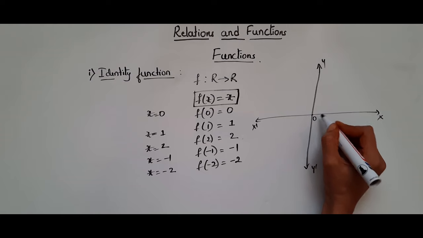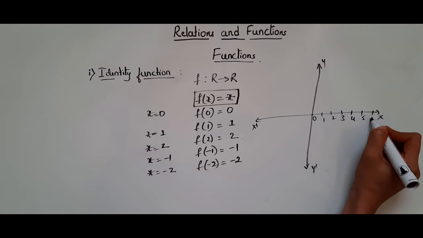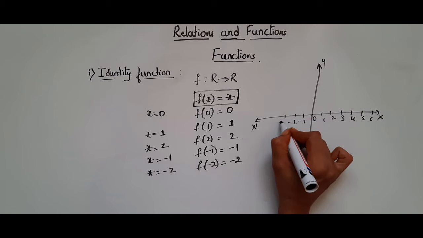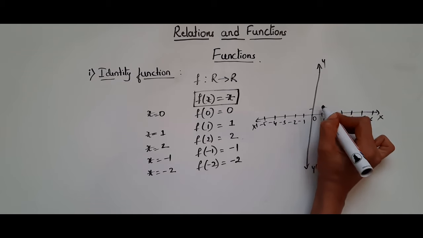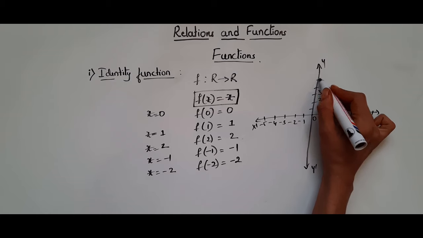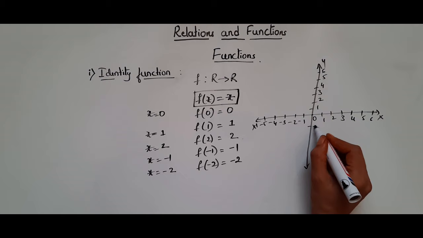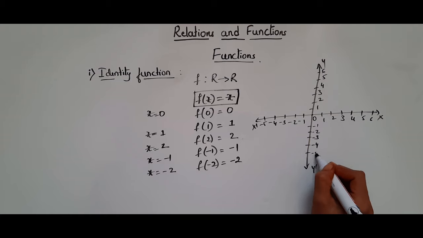So this is the center 0, 1, 2, 3, 4, 5, 6 and so on, minus 1, minus 2, minus 3, minus 4, minus 5 and so on.